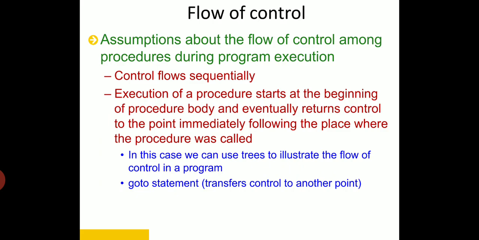In the case of a procedure, the control always starts from the beginning of the procedure body and ends when it returns from the procedure. After execution of the procedure, it should go back to the statement immediately after the call statement that invoked it.